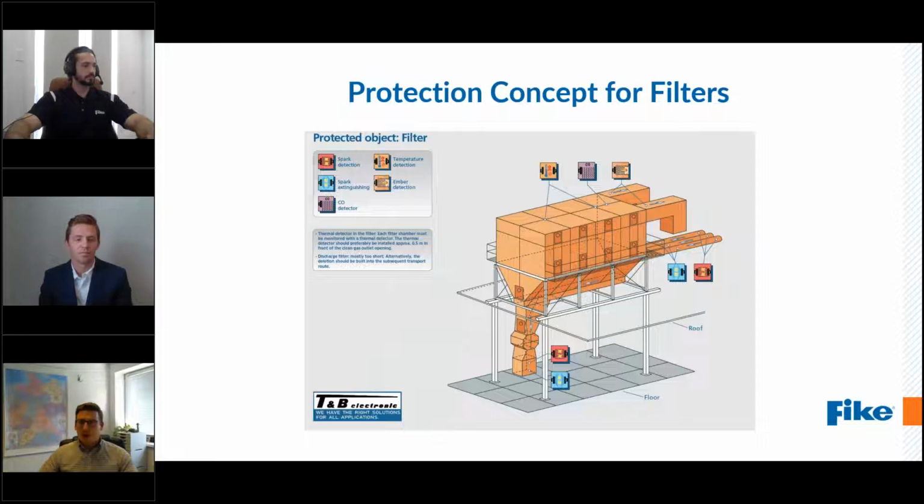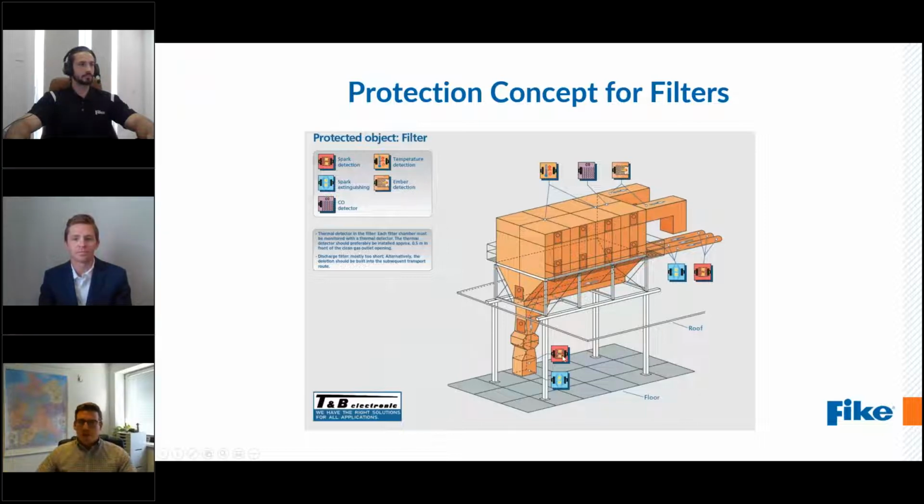In the back air of the filter, we install some detectors as well. It's a different detector, and we will talk about it a few slides later. We need those detectors in the back air as well, because we can detect smoldering fires in the filters very fast in the back air.